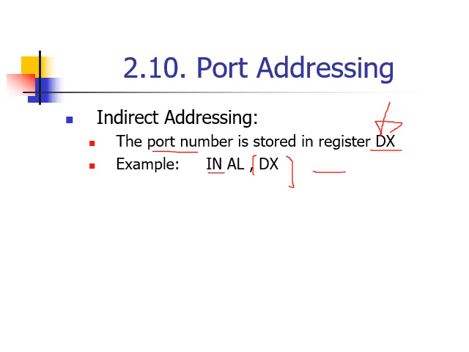So what this instruction says is this: take the number inside DX, that number refers to some port, go to this port, get 8 bits out of this port, place them inside your AL. So this is the indirect addressing mode of ports.